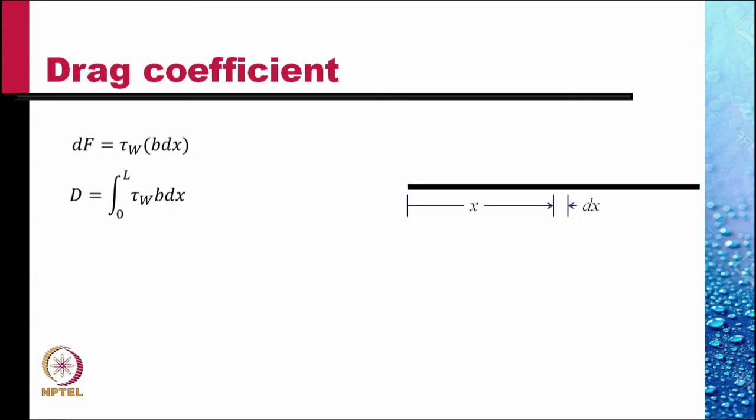So that dF, the force contribution to the drag, is the shear stress times the area of a small strip of width B, that is of area B dx, and the total drag is obtained by integrating this from x equal to 0 to L, the length of the plate.